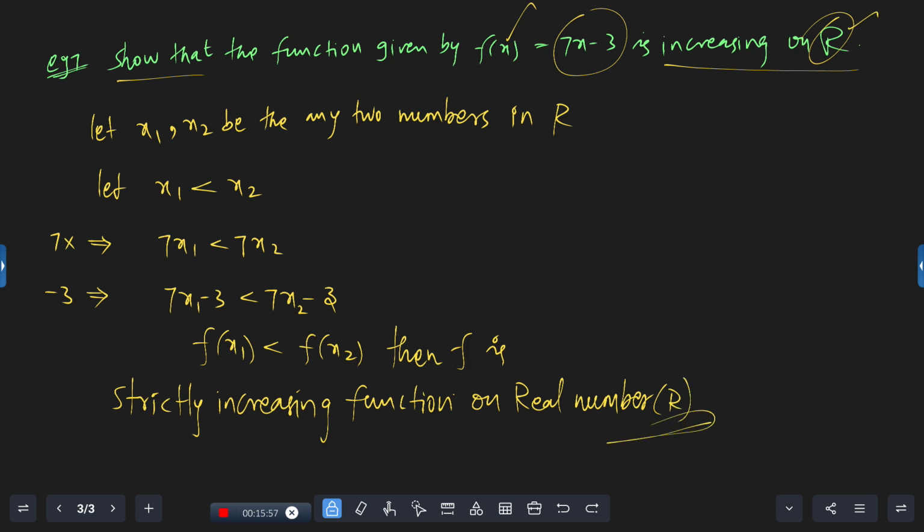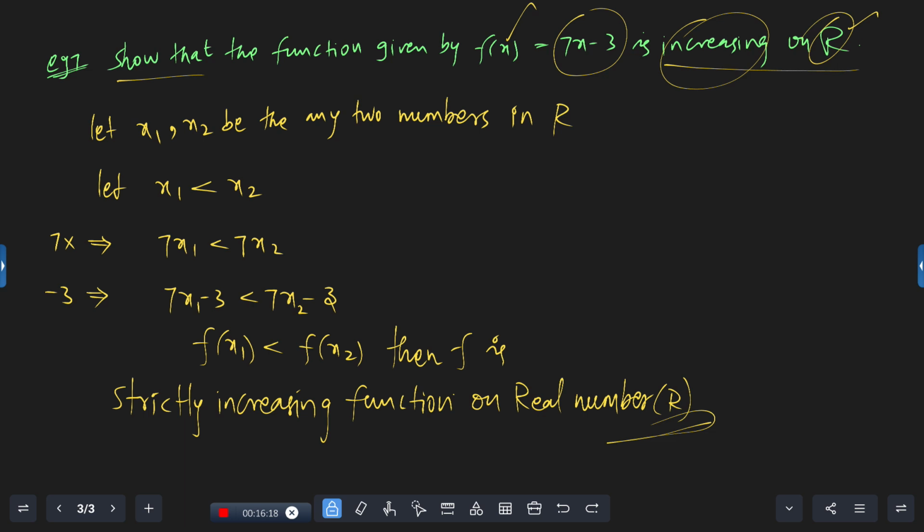Sir, they asked only increasing. We are giving strictly increasing, not an issue. Strictly increasing, we can say increasing function. But for an increasing function, we cannot say strictly increasing. Understand? Be careful. So you can take this example for the definitions which I gave.